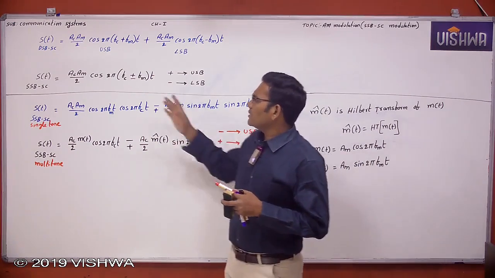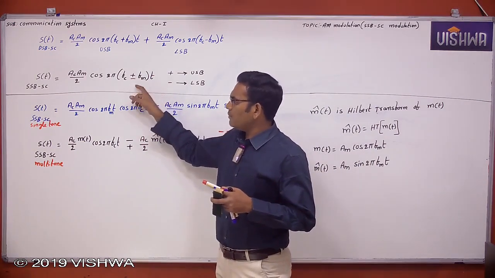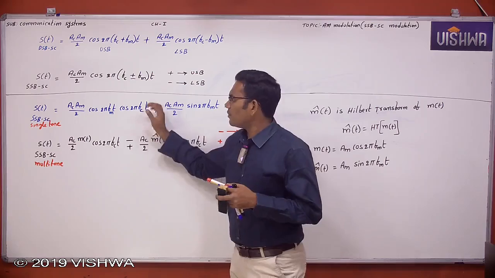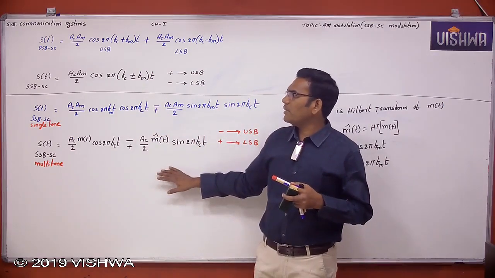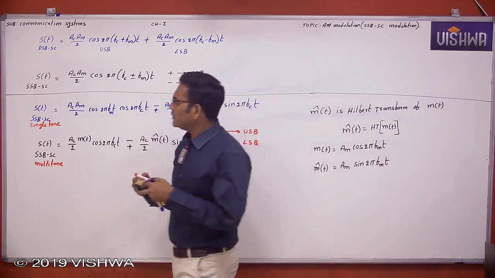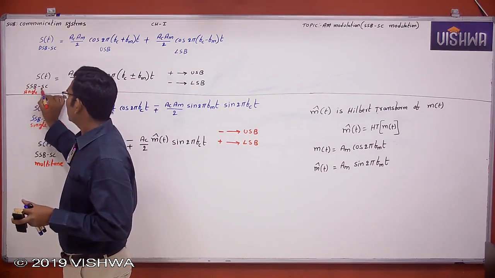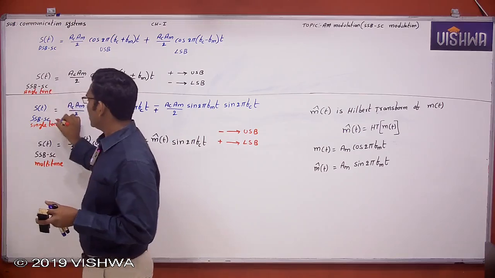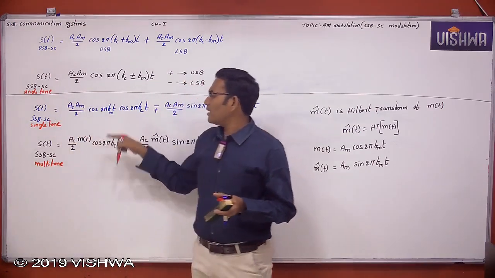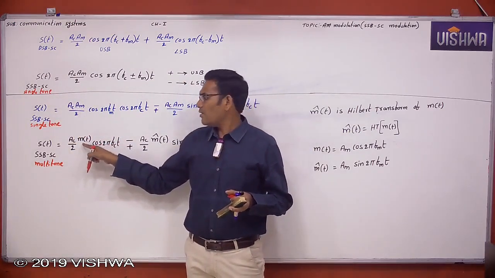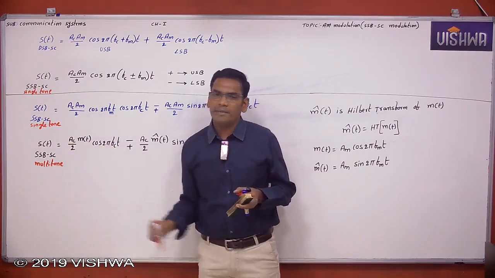Okay, now this is upper sideband or lower sideband, so I just write this as minus or plus, expanding that. Therefore this is multi-tone and these are nothing but the single tone equations. This is single tone SSB, but AM cos is nothing but M of T. When I replace it with M of T, then it will become multi-tone.